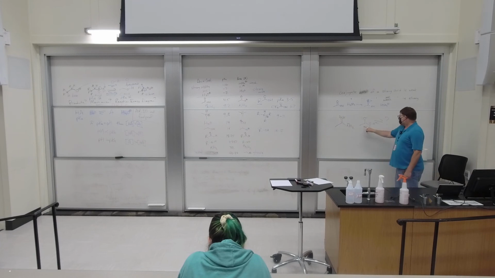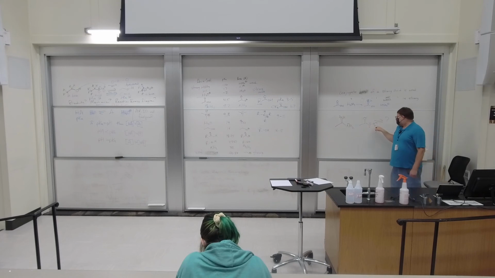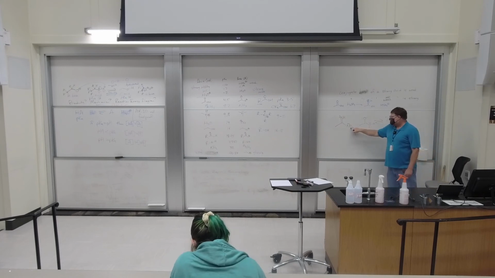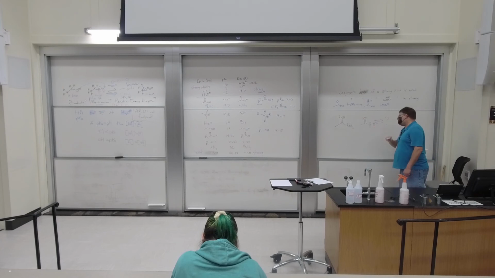Acetic acid has protons on the carbon and protons on the oxygen. The proton on the oxygen is going to be more acidic than the protons on the carbon, so the OH is a more acidic H than the NHs or the CHs. So that OH, right here, is going to be our acid.